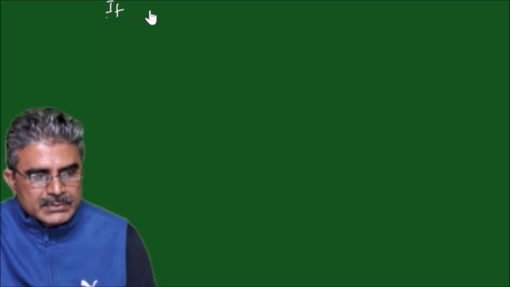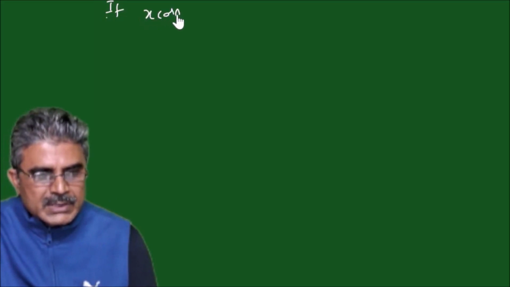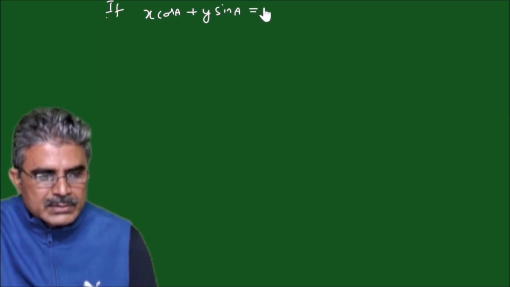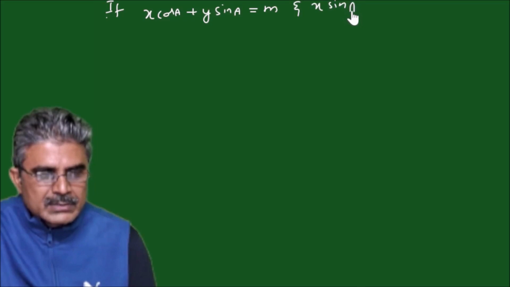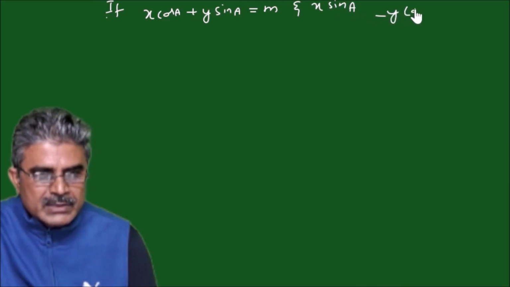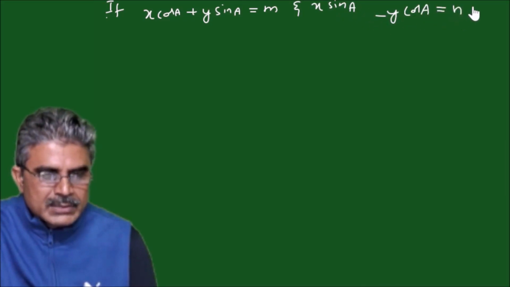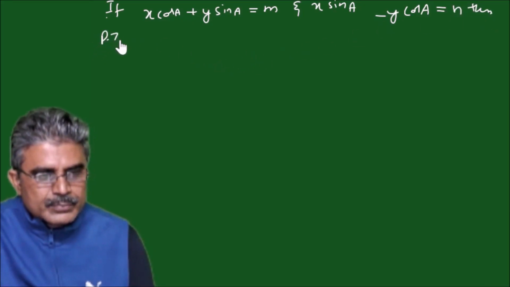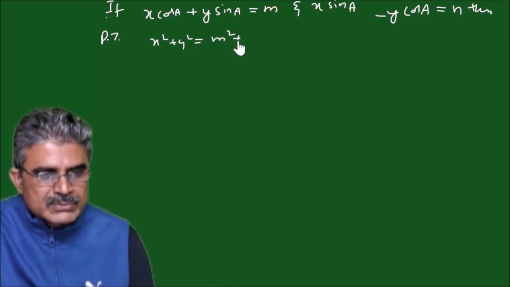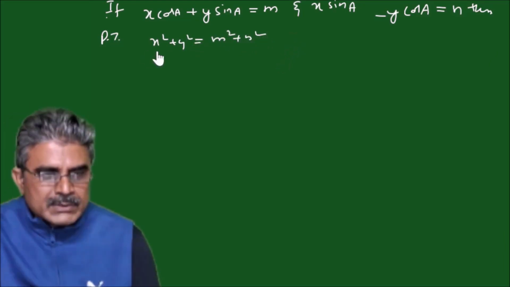Our next question is, if x cos a plus y sin a is equal to m and x sin a minus y cos a is equal to n, then prove that x² plus y² is equal to m² plus n².